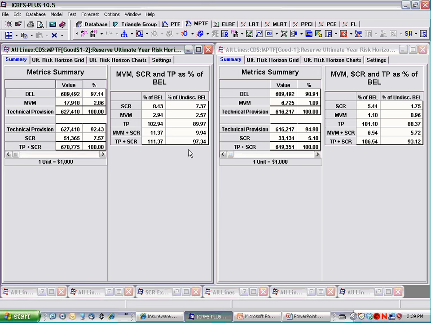Now your total capital at inception is 97% of the undiscounted BEL, whereas here it's, notice that if you basically book your undiscounted mean reserve. So in this example, even if you don't allow for fungibility across LOBs, the total capital at inception doesn't really exceed the undiscounted BEL, which is quite interesting.